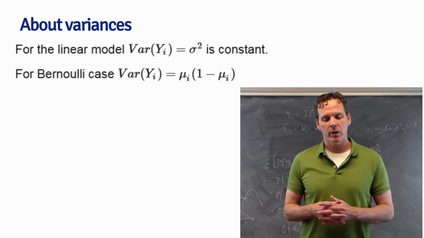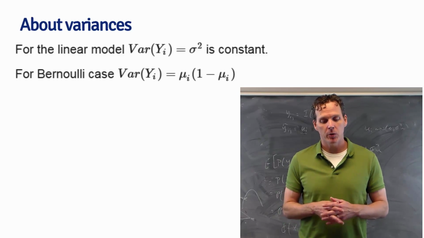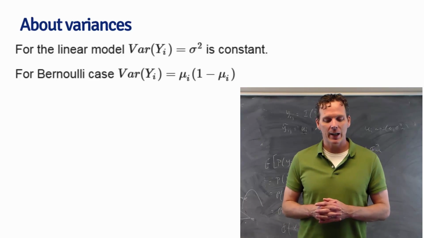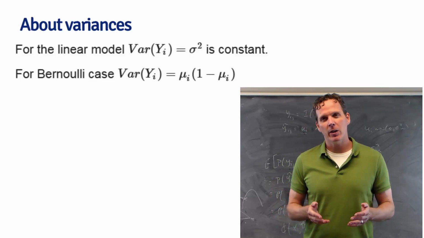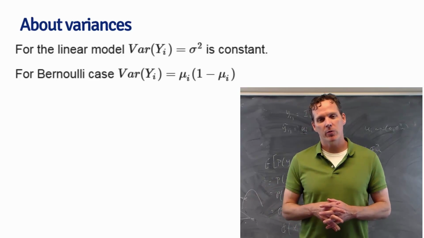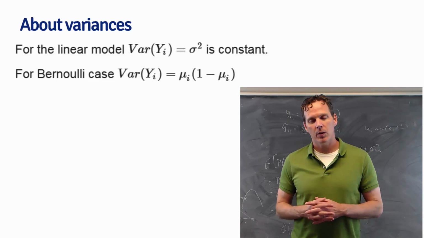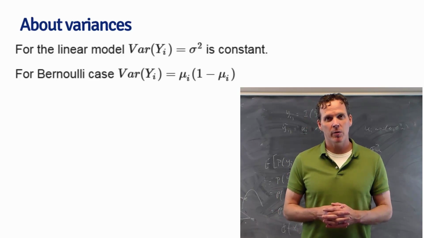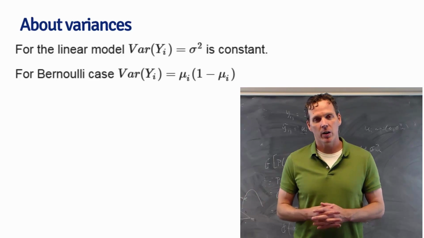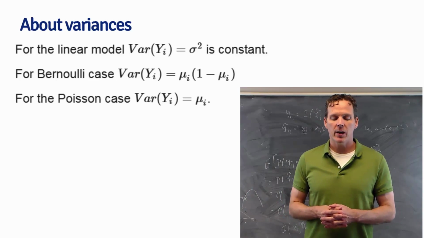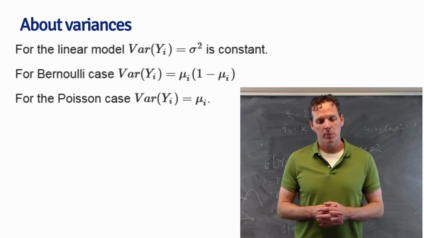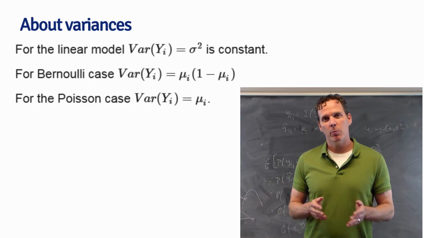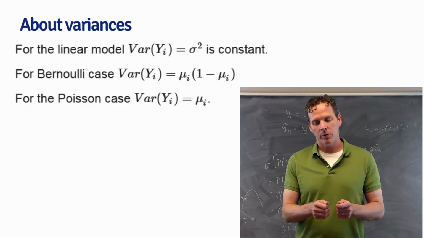And in the notation we're giving here, it's mu times 1 minus mu. But remember, our mu depends on i. So what we're saying is the variance actually depends on which observation you're looking at, unlike the linear model case where the variance is constant across i. Same thing in the Poisson case. The variance of a Poisson is its mean.